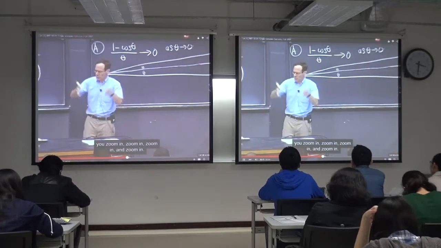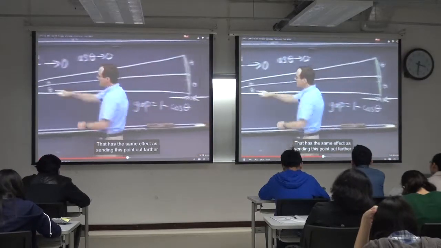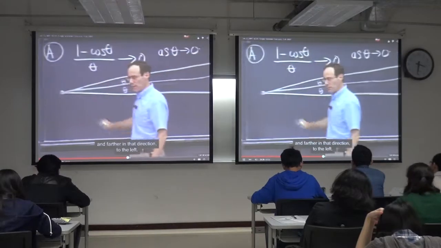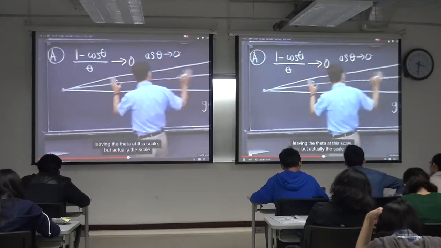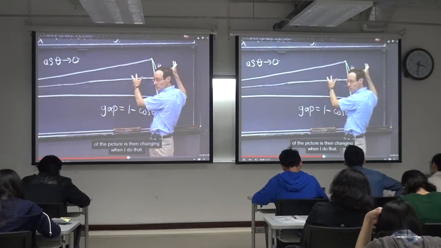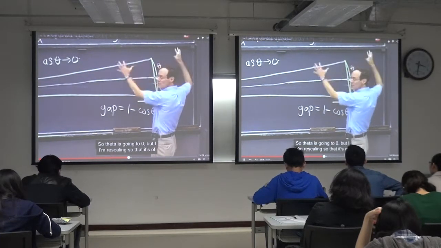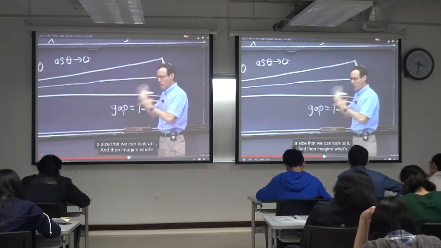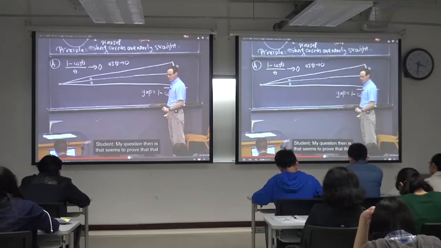That has the same effect as sending this point farther and farther out to the left. I'm leaving theta at the same scale, but actually the scale of the picture is changing. So theta is going to 0, but I'm rescaling so it's of a size that we can look at. Does that answer your question?